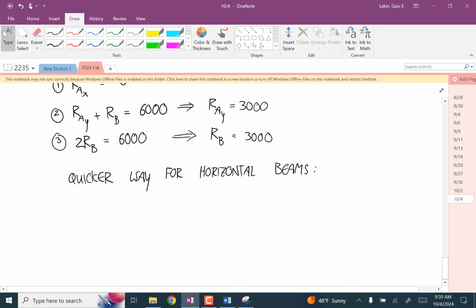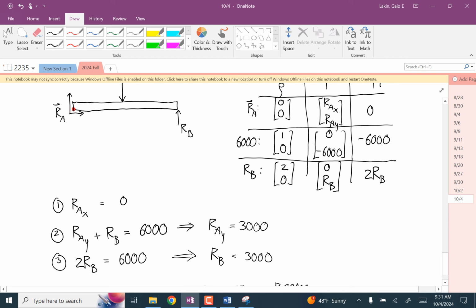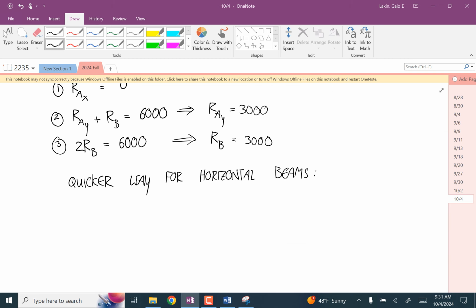And so just think of, for each moment, the moment is going to be plus or minus the distance from the about point to the force.